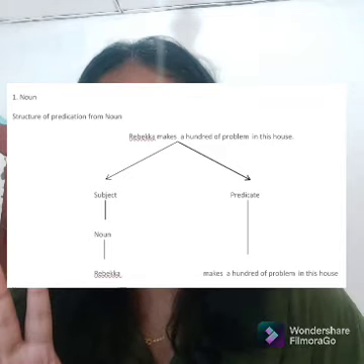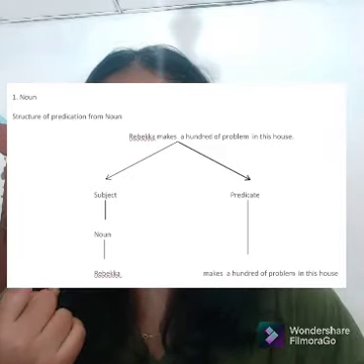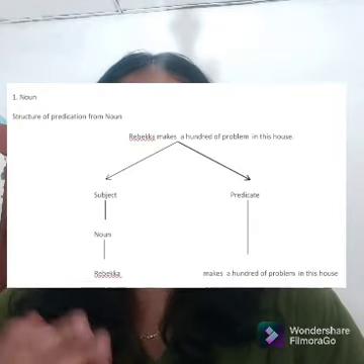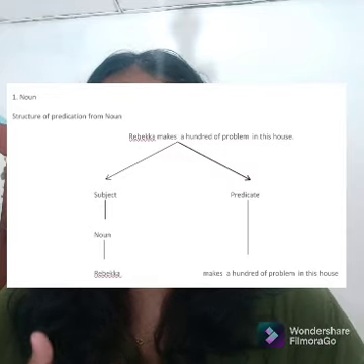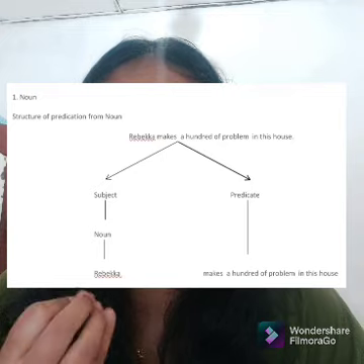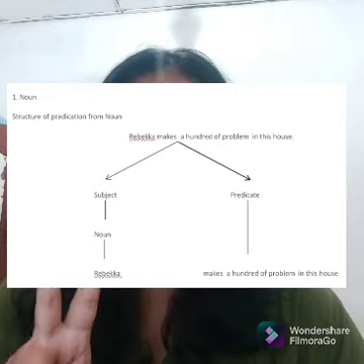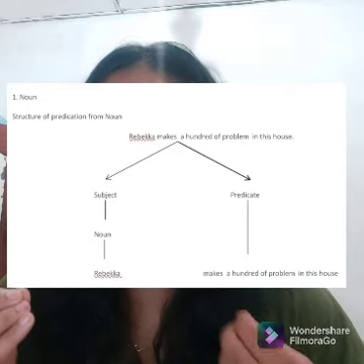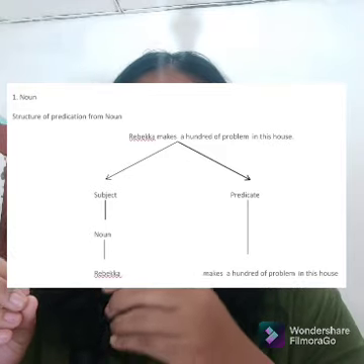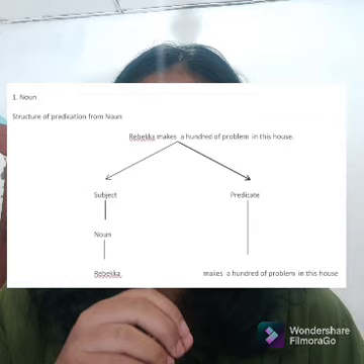I will give two examples. The first example is gonna focus on the noun. The sentence that we use as an example is "Rebekka makes 100 problems in this house," which includes two parts, subject and predicate. The subject, if we make it more detailed, we divide into noun, and the predicate we're gonna divide into more parts.